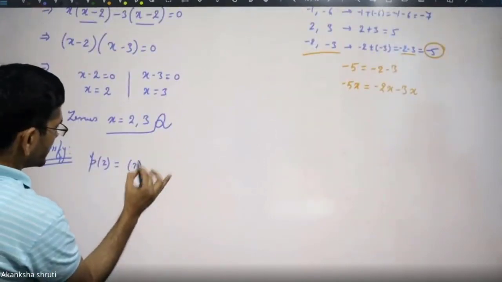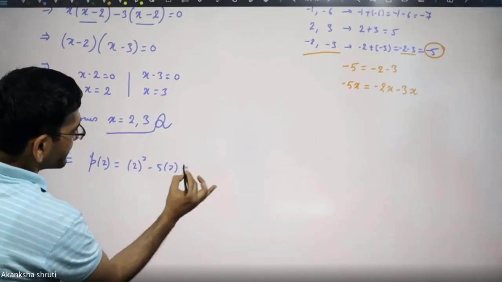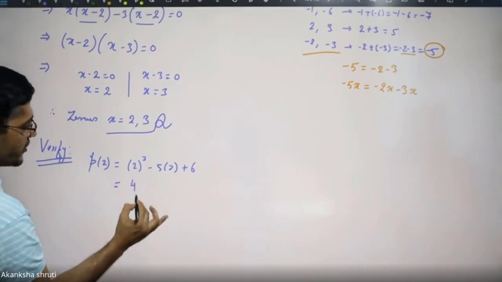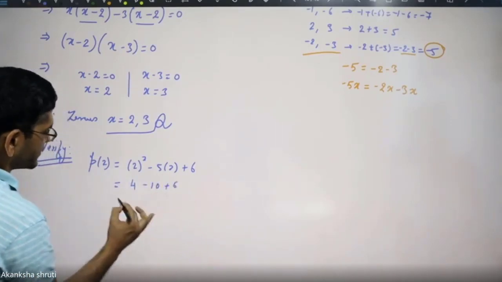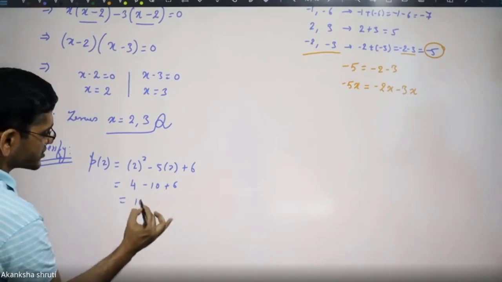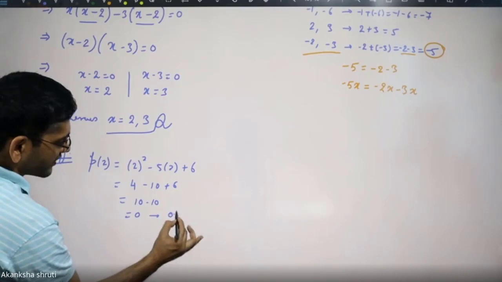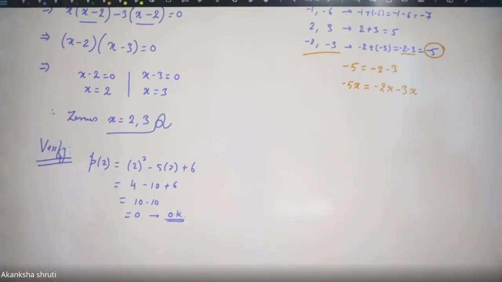So 2 square minus 5 into 2 plus of 6. Let us do. 2 square is 4 minus 5 2s are 10 plus 6. Yes, we are getting 10 minus 10. This is 0. So okay. Means x equals to 2 is correct zero.